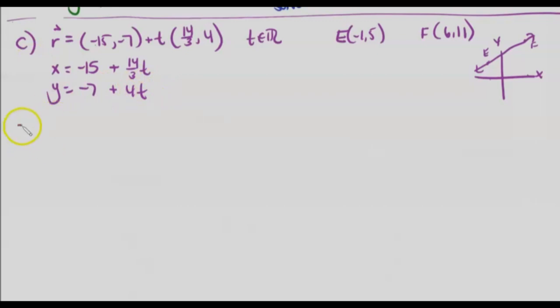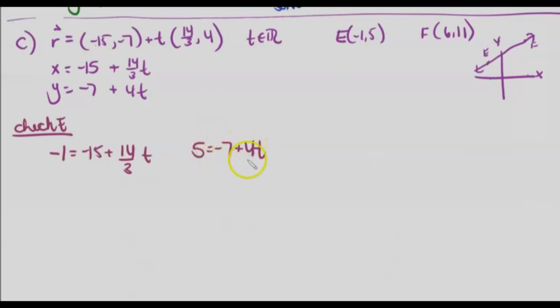Okay, so we're going to check E first. So let's sub in negative 1 to where the x is. So negative 1 equals negative 15 plus 14 over 3t. And let's sub in the 5 to where the y is. 5 equals negative 7 plus 4t.